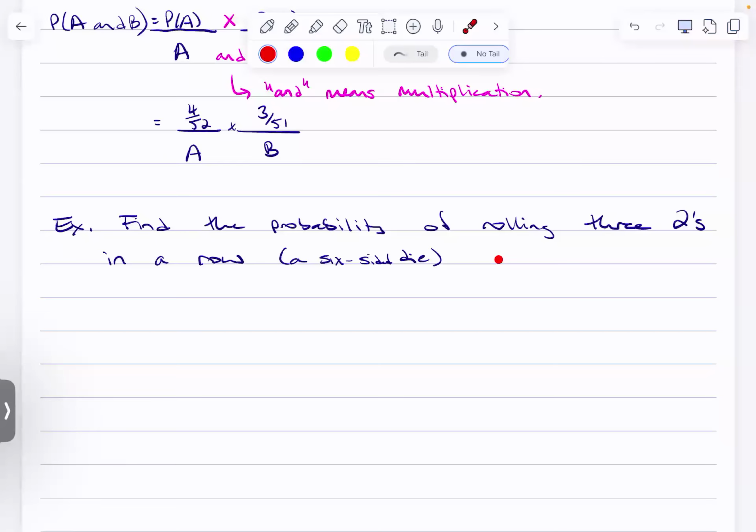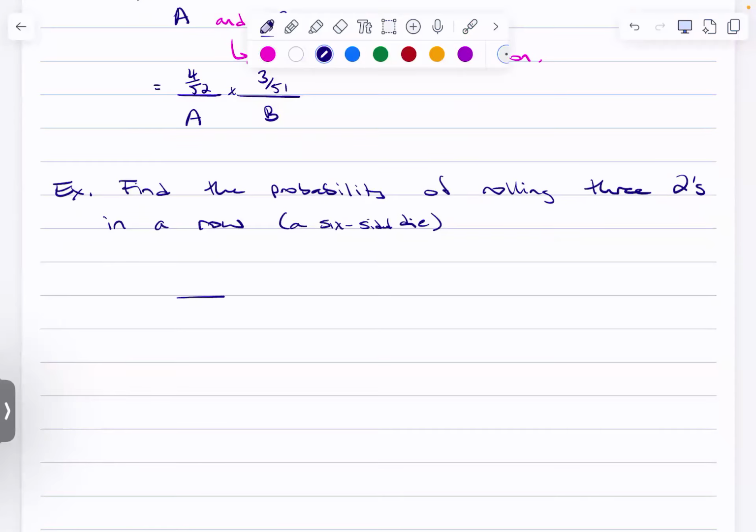If you have to roll three 2s in a row, or really any sort of consecutive events, what you can do is set up your slots, as I call them. Your first slot is your first roll, and so I roll a 2, and I roll another 2, and I roll another 2.